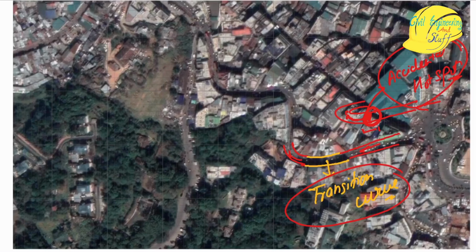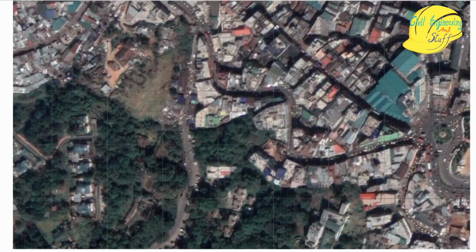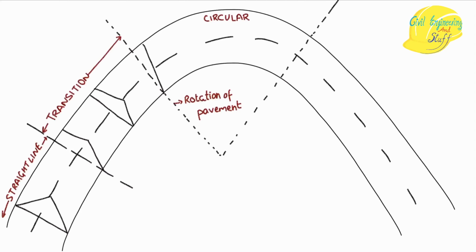It helps to transit your straight road into circular or circular to straight. Now this is done by basically shifting the center line of the road in the outward direction, and this is how the transition is done from a straight road to the circular road.